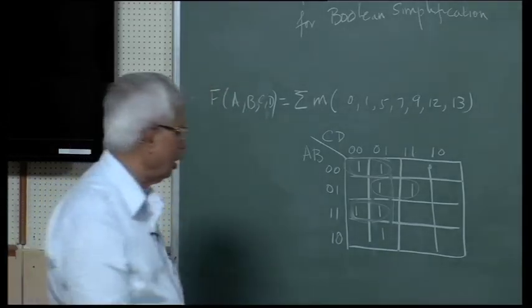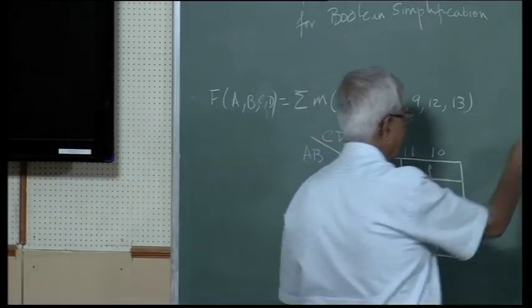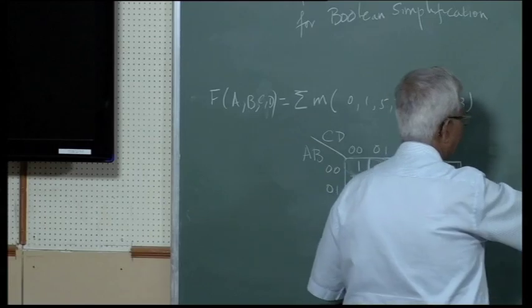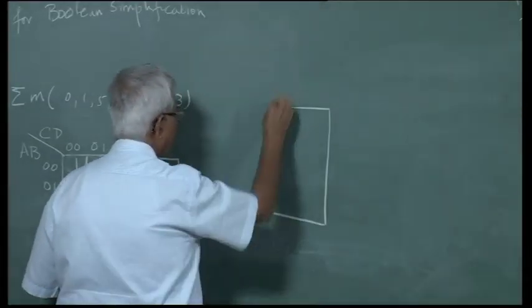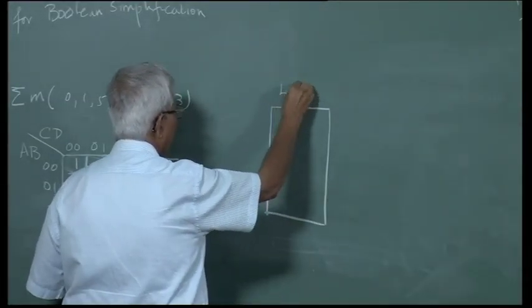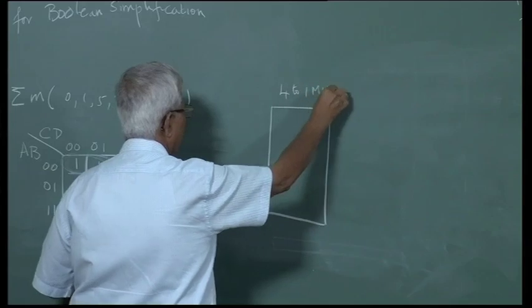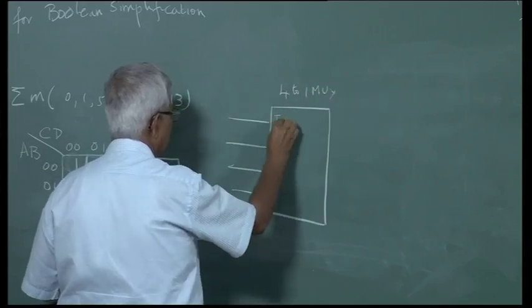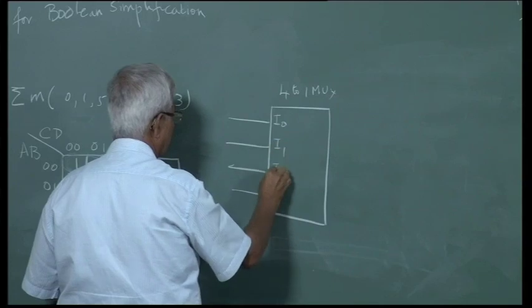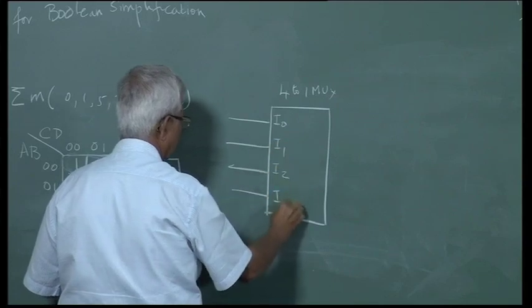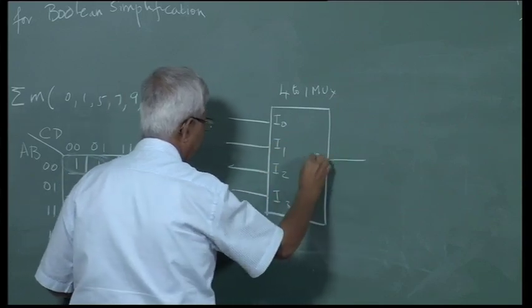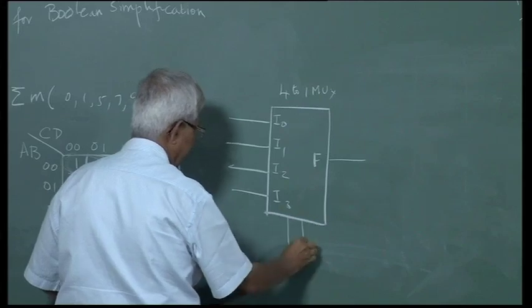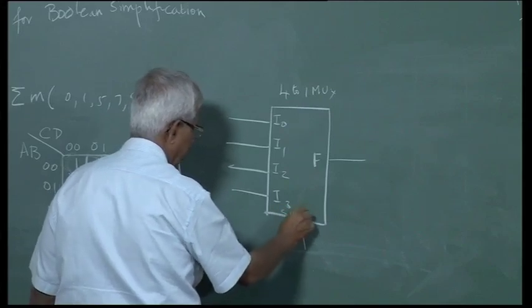Now I am going to use a 4 to 1 multiplexer. It has 4 inputs, one output F and 2 selector lines S1 and S0.